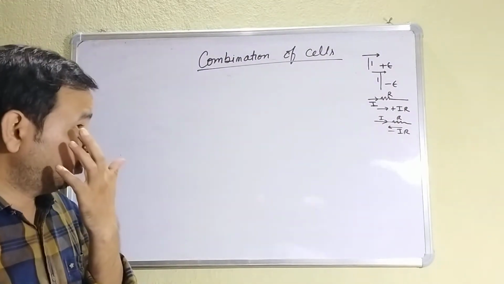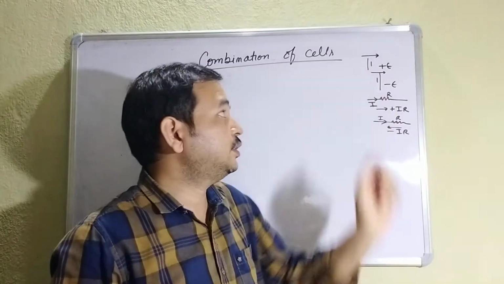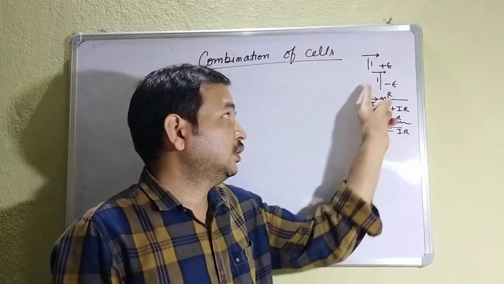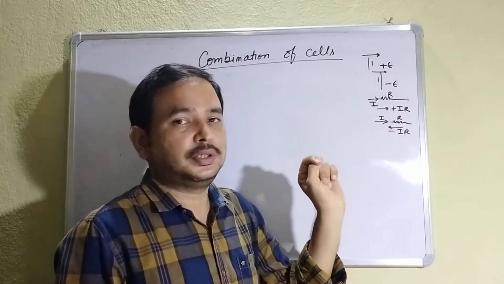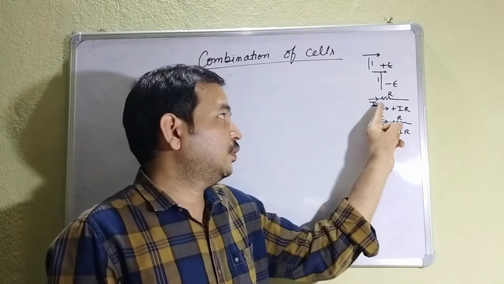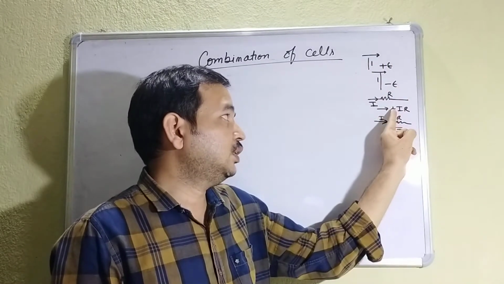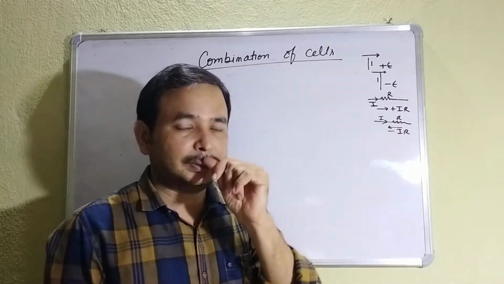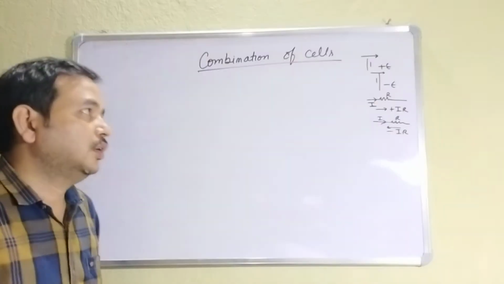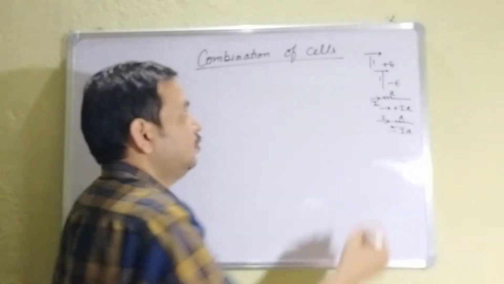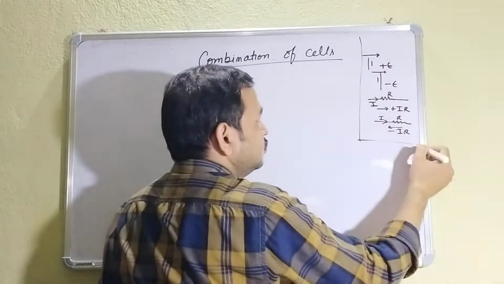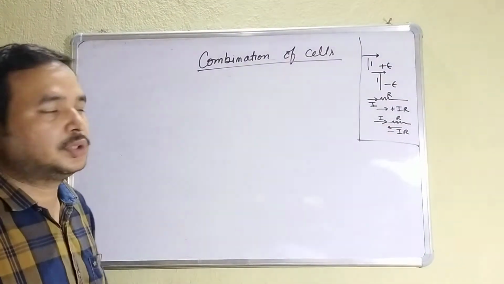Suppose in some book it is given that going from plus to minus is a fall in potential, take minus, then this will be plus. Clear? If you are taking this as minus, this as plus, then you have to take this one as minus, this one as plus. You have to make it opposite. So it depends on what rules you are following, but the result will always be the same.